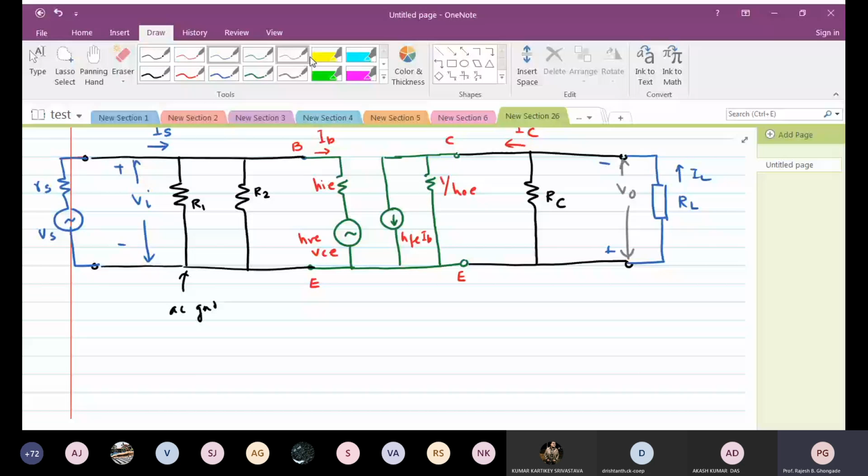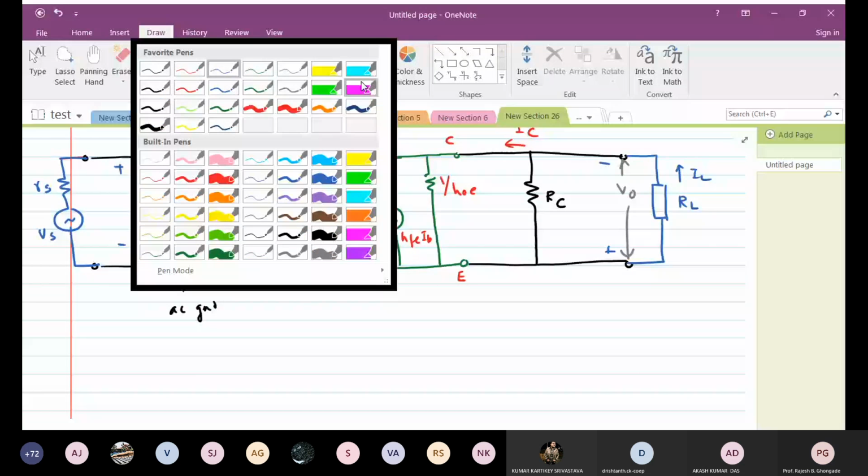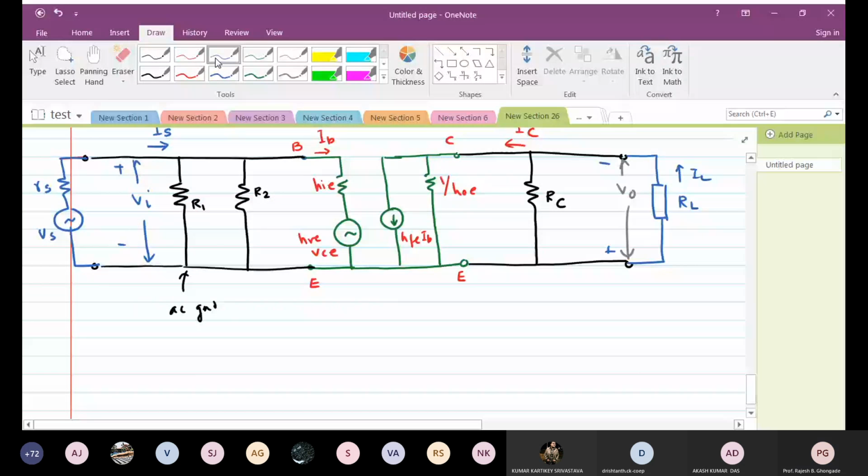There is one more thing which we should see now. If you look into this part, whatever is the impedance is called ZB. If you look from here, the impedance that you see is ZC.